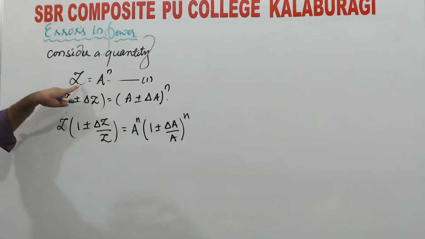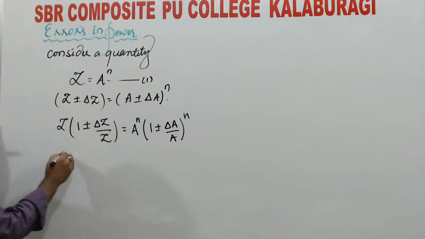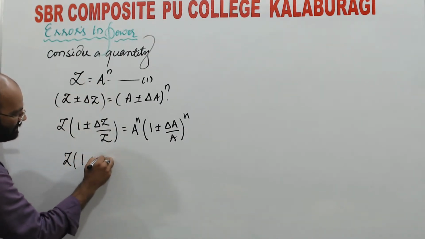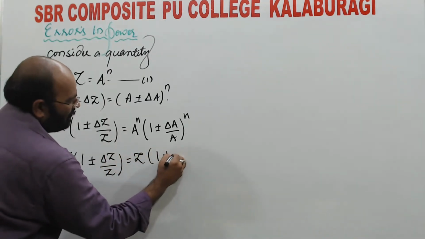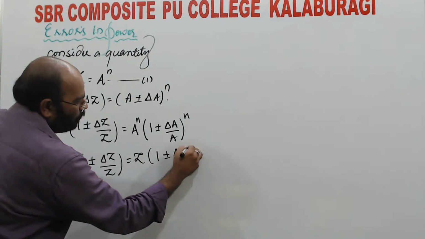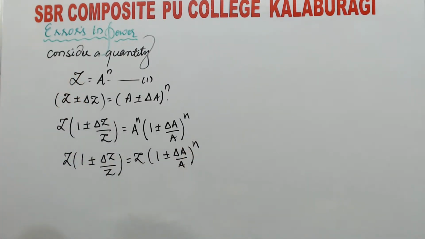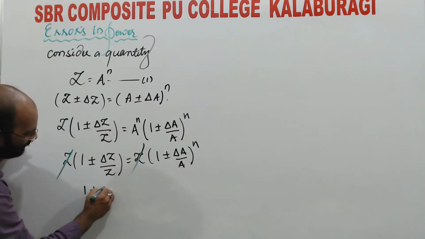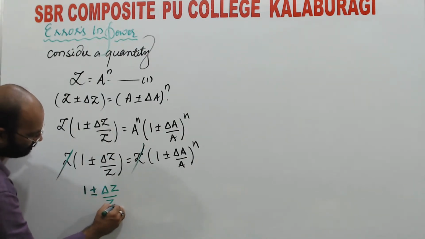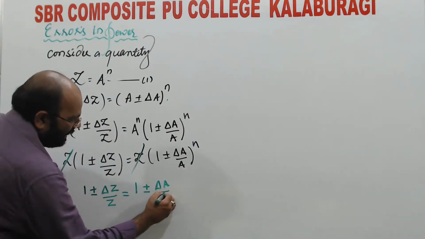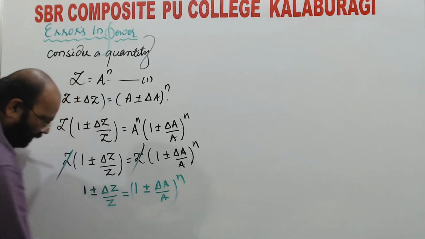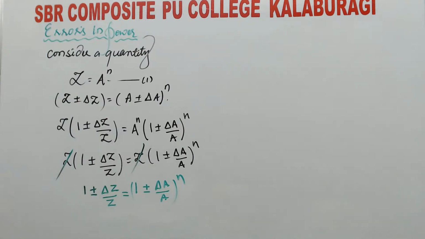From equation 1, it is Z. So Z into 1 plus or minus delta Z by Z equals Z into 1 plus or minus delta a by a whole to the power n. From LHS and RHS, Z and Z will be cancelled. Again, what you have: 1 plus or minus delta Z by Z equals 1 plus or minus delta a by a, whole to the power n.